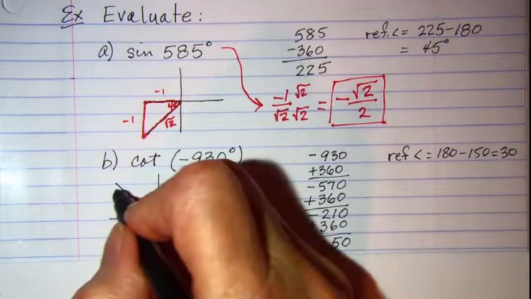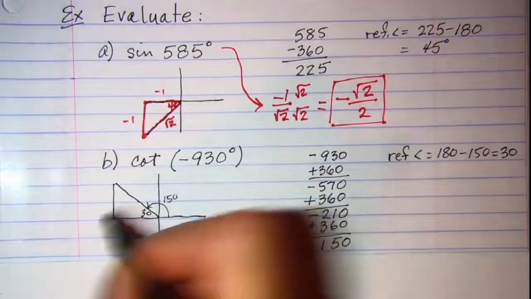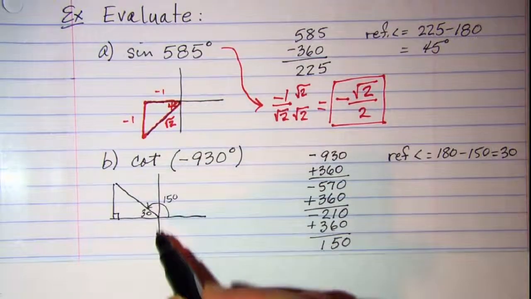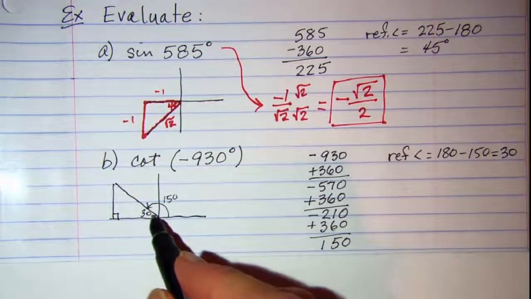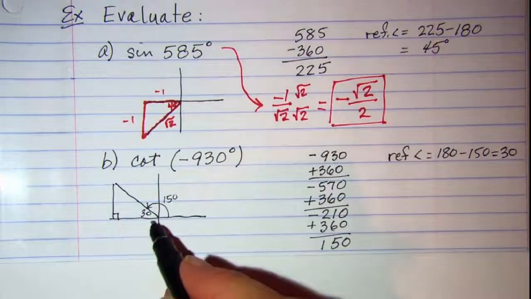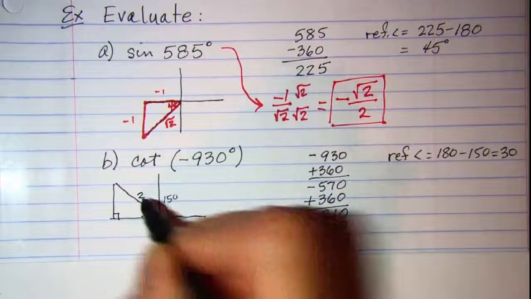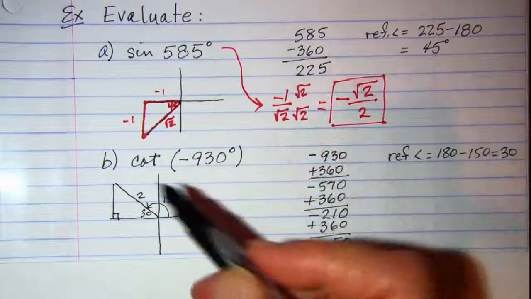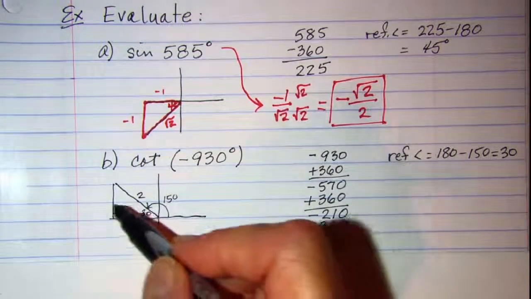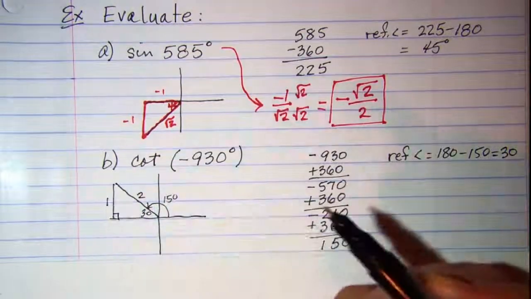So we can now draw our reference triangle. We know that we have a 30, 60, 90 triangle. So for convenience, I'm going to let my hypotenuse be 2. Then the side opposite the 30 is half of that, which is 1.